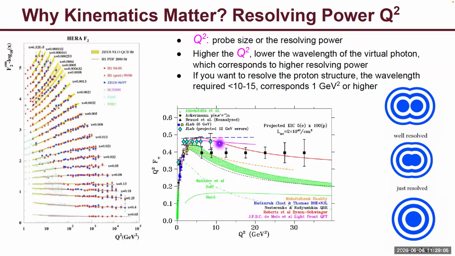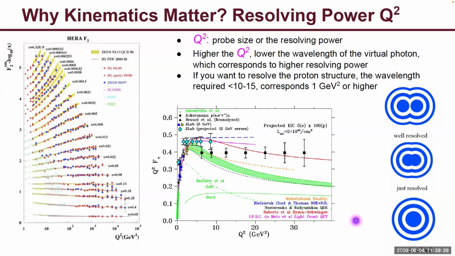When is the data going to come down to meet this correct contribution? We don't know. So it's very important for us to understand what Q squared we are measuring when we're doing the experiment.